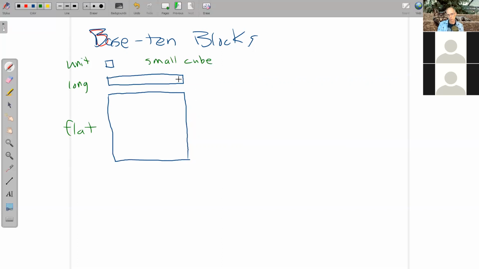We could say that's one whole. We could say that's one whole. So in the past, when we were working with whole numbers, right, the unit was a whole, the longs were tens, and the flats were hundreds. So now we're just going to redo that, and we could do something, let this flat be one whole. Well, that means this long would be 1/10. And this unit here would then be 1/100th of the whole thing.